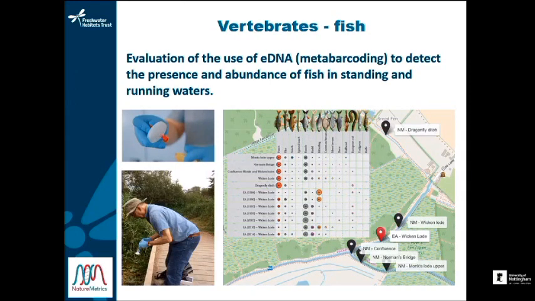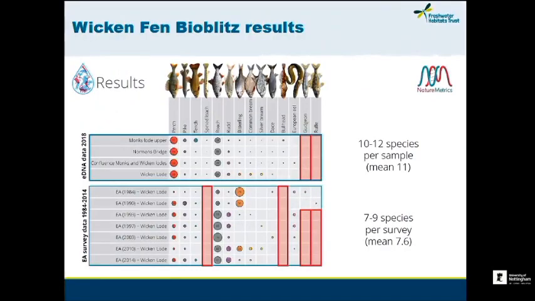We have been sampling streams which have been surveyed by the Environment Agency for about the last 30 years using traditional fisheries-based methods. And we have found that all of the species the Environment Agency have been finding have been coming up in our analysis, with the exception of 2, and these haven't been found since 1990, so we're fairly sure that they're not there anymore.